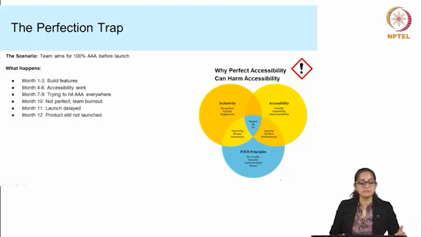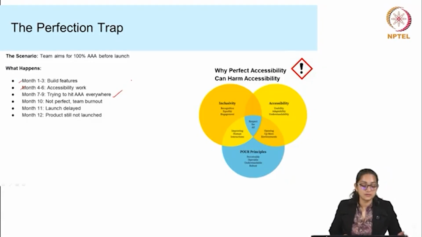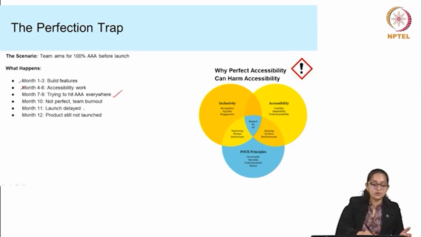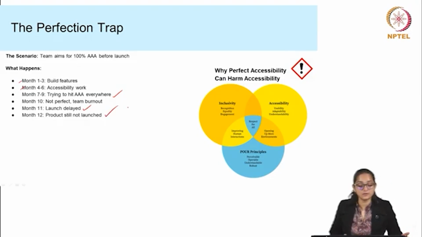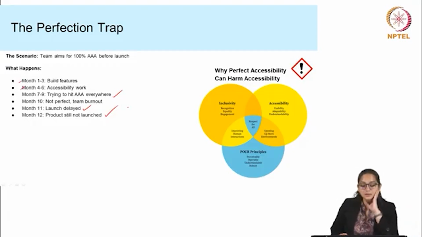In the next 3 months, you are doing the accessibility work. In the next 3 months, you're trying to hit AAA everywhere. 10 months, still not perfect. The team is burnt out. Launch is delayed. At the end of month 12, the product is still not launched, and you are just in that trap of perfection.